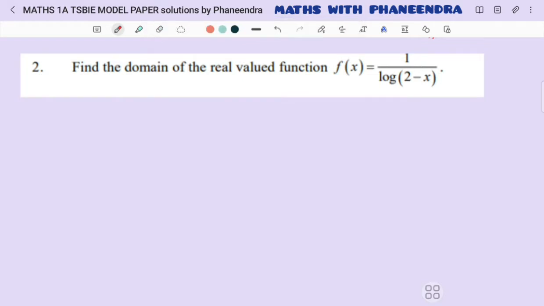Find the domain of the real valued function f of x equal to 1 by log of 2 minus x.